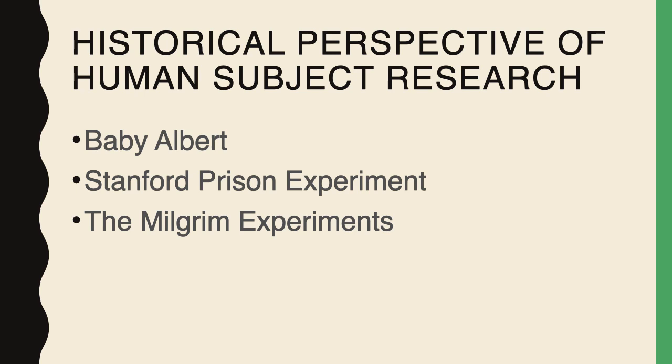So they bring this little toy bunny, then they introduce a white lab rat and a dog. At first the baby loves all of these things. As the experiment goes on, the baby has to be taught fear. So the researchers bring out the lab rat or the bunny or the dog that the baby really loved, and every time the baby goes to touch the dog, they sound an air horn in the baby's ear.